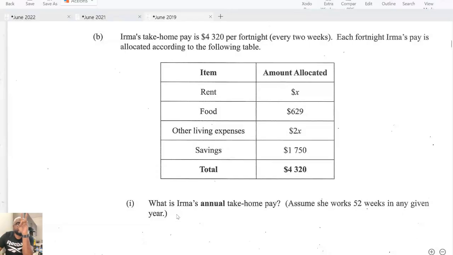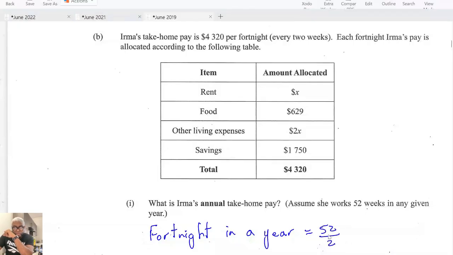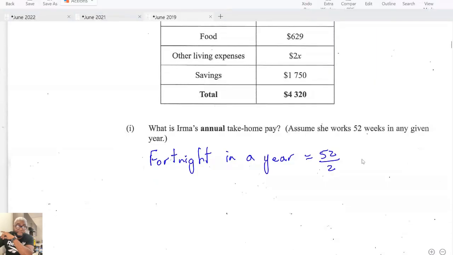So if every 2 weeks she's making $4,320, the first thing we need to find out is how many fortnights in a year. Excellent. How much? 26. Because if it's 52 weeks in a year, it will be 52 divided by 2, because every 2 weeks is a fortnight, and this will give me 26 fortnights.